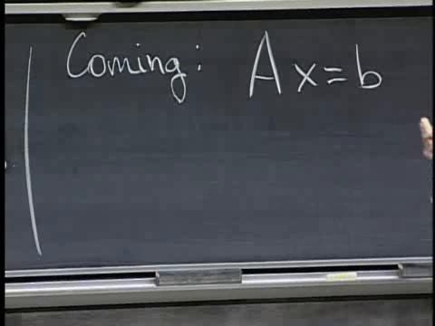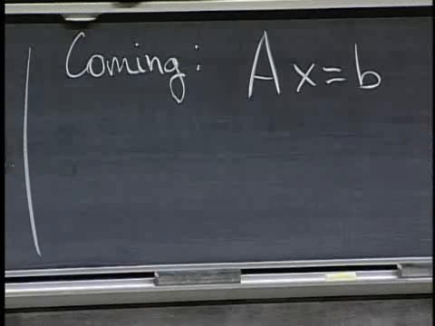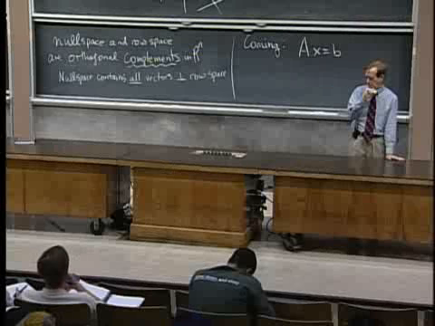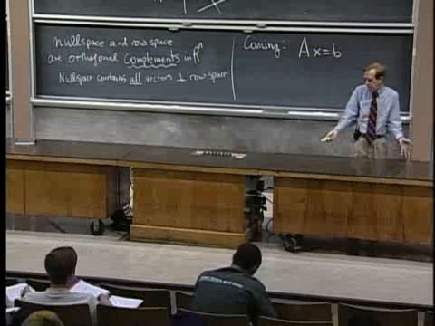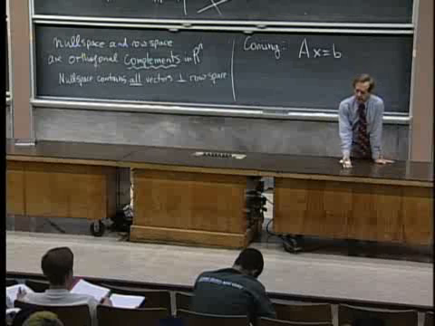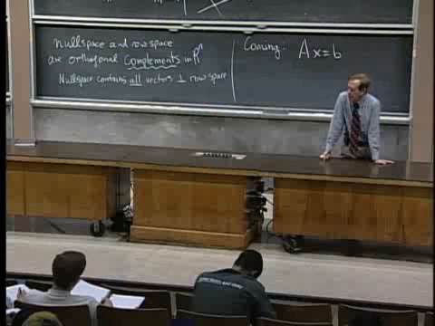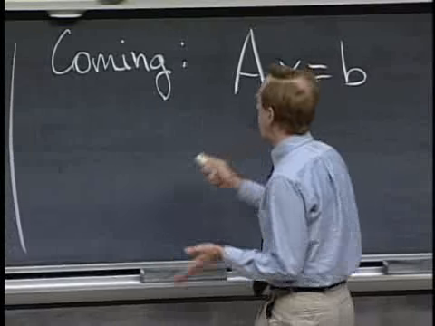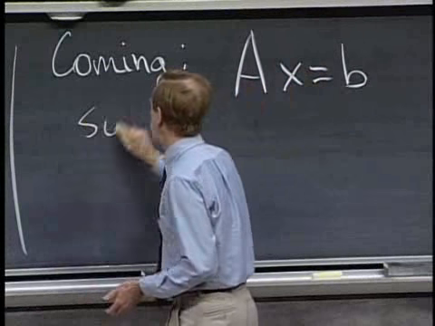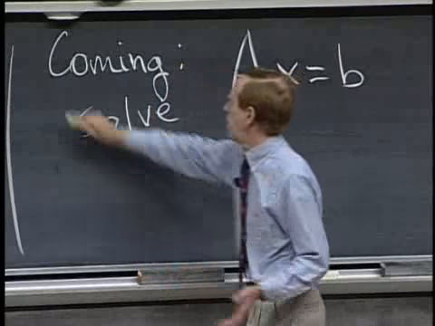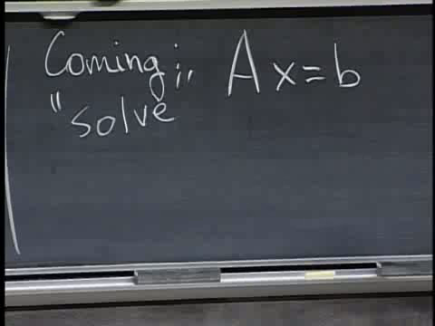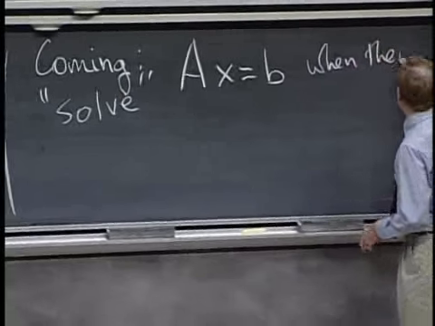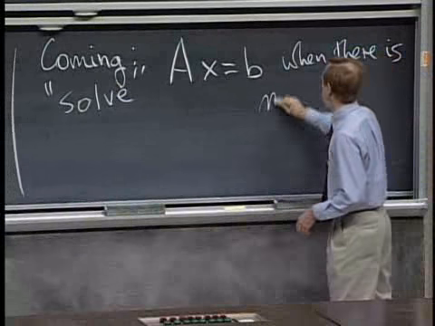I would like to solve that system of equations when there is no solution. You may say, what a ridiculous thing to do, but I have to say, it's done all the time. In fact, it has to be done. So the problem is: solve, in quotes, as best possible, Ax equal b when there is no solution.